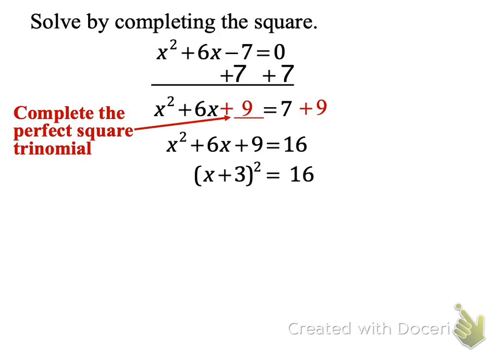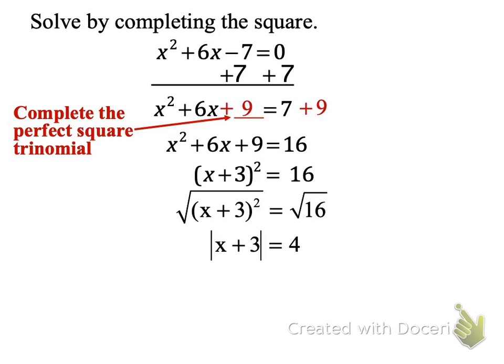Okay, what do I do now? Same thing we did in the last section. We root both sides, not square, the opposite. What is the square root of the quantity of x plus 3 squared? The absolute value of x plus 3 equals 4. So then I've got x plus 3 equals plus or minus 4.